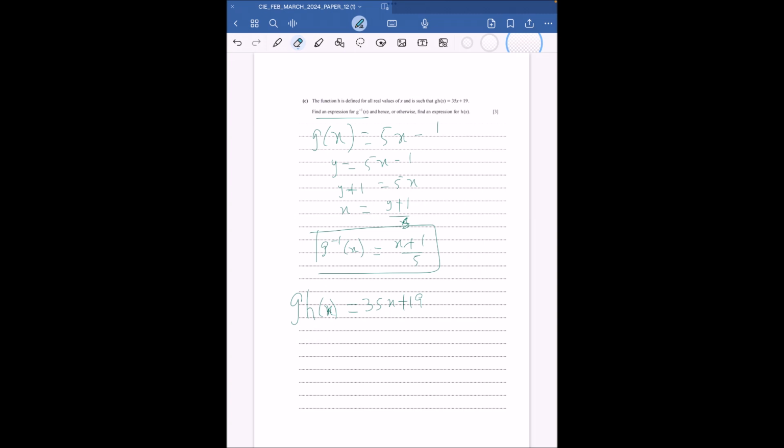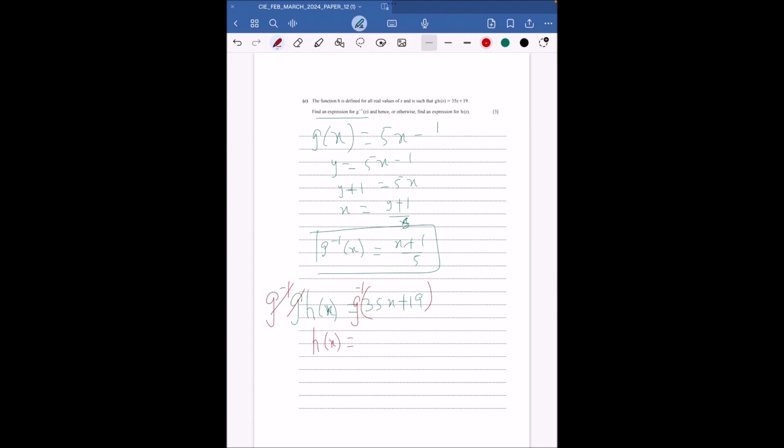Can't do that. So there's a rule in function that you can actually do something like this. So you put g inverse here, even in IGs you did this. So this will cancel, so that will give me h of x.